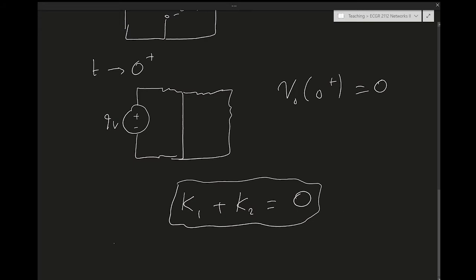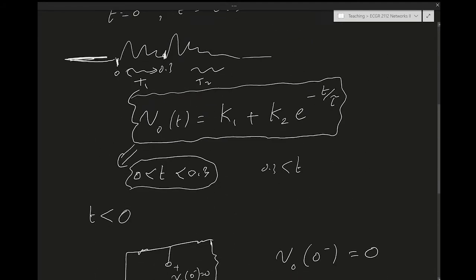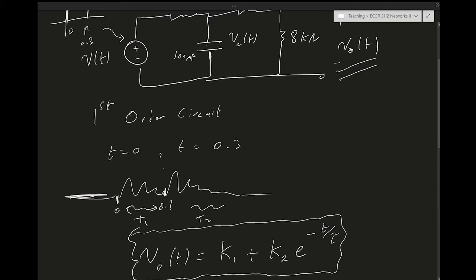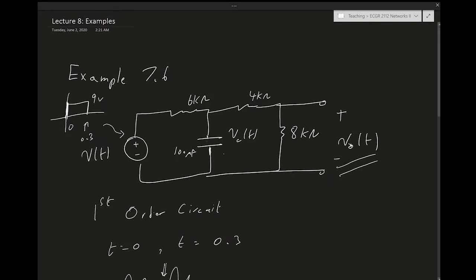To get the second equation, we need to find VO at infinity, and this is a tricky point. Pay attention here. We want to find what VO at infinity is going to be, assuming the second transient does not occur. Meaning, what would VO at infinity settle at, assuming this second edge does not happen?